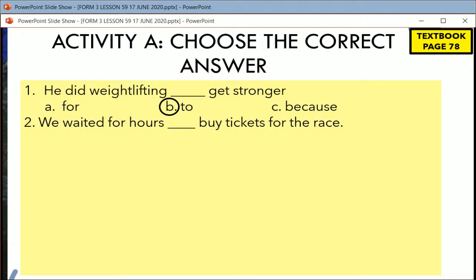If you are saying number 2, you can also have to. We waited for hours to buy tickets for the race. Exactly, Lizwan is fantastic. But the choices do not have to. So if you don't have to, what would the best word be there?